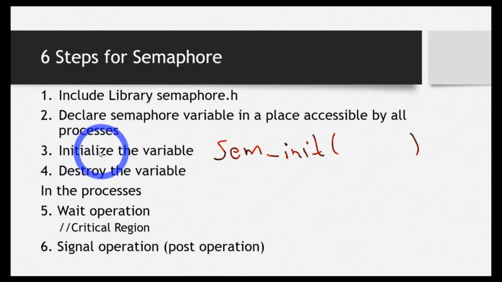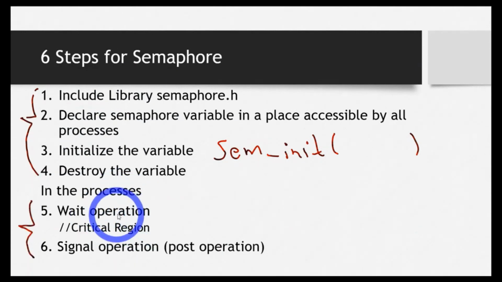Okay, after doing that, after all your work is done, at the end of your program, you have to destroy the variable. So these are the steps of your main program, and these 2 are the steps that are done in the processes or the threads.